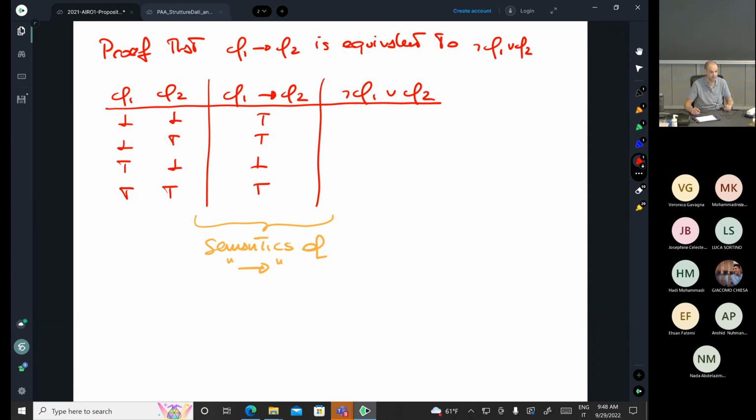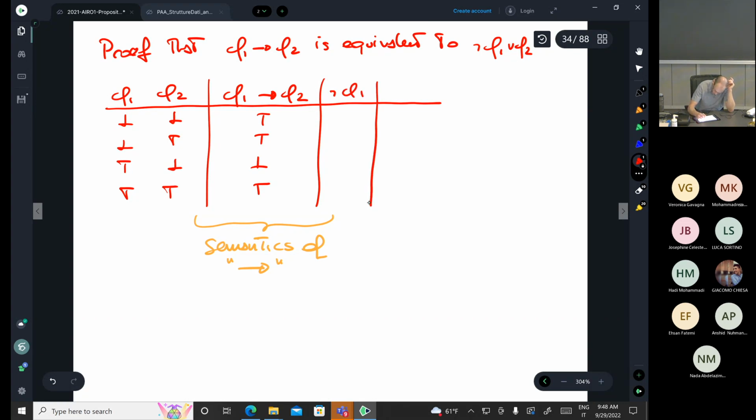So this is the semantics of the implication. Now, here we have not phi1 and not phi1 or phi2.